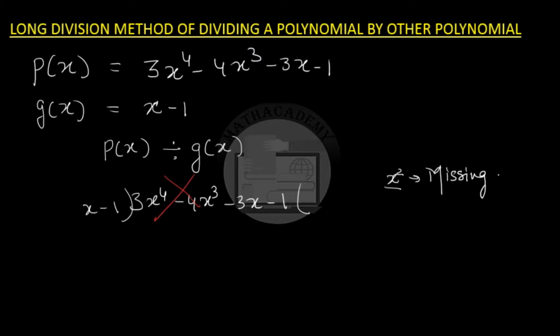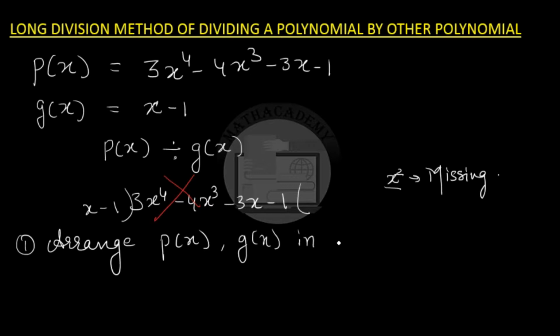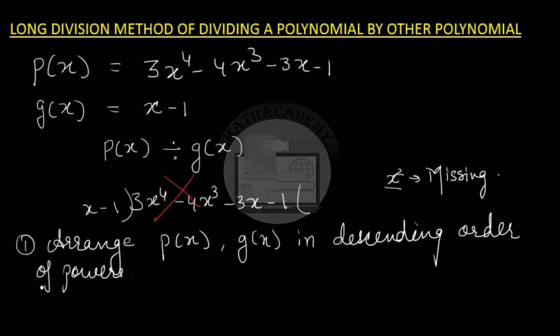Instead, what needs to be done is arrange the polynomials p(x) and g(x) in descending order of powers, and whichever term is missing, we will put a coefficient 0 and write that term.